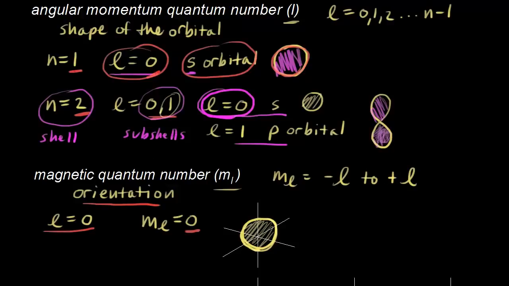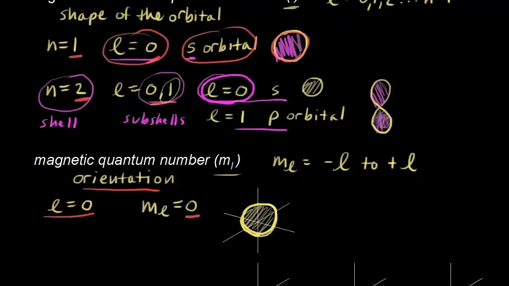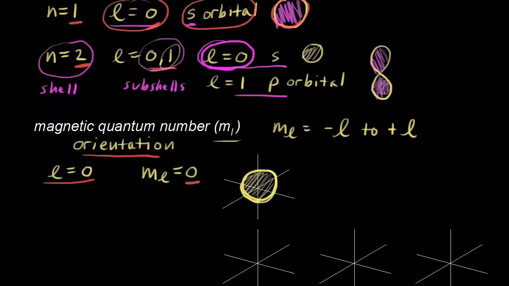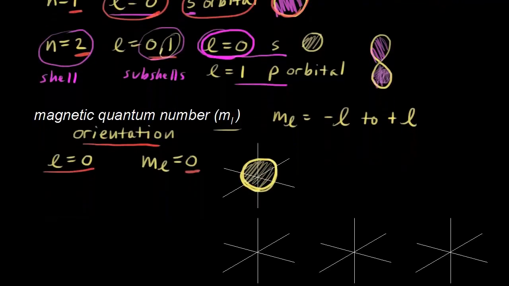All right, let's do the same thing for L is equal to 1. If L is equal to 1, what are the allowed values for the magnetic quantum number? ml goes from negative L to positive L, so any integral value from negative L to positive L. Negative L would be negative 1.